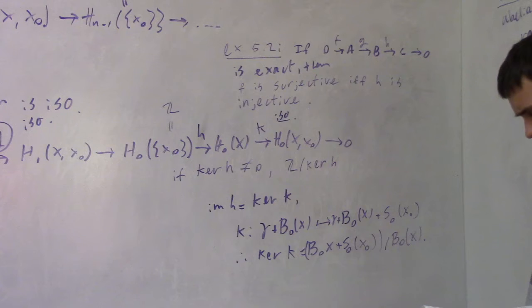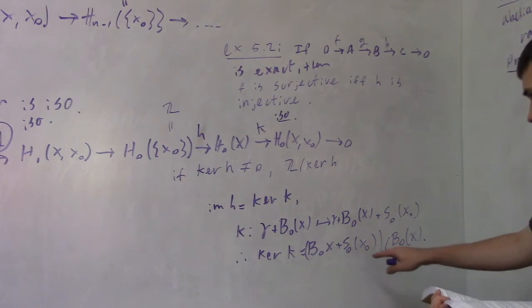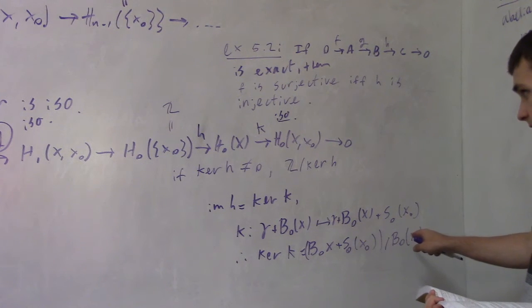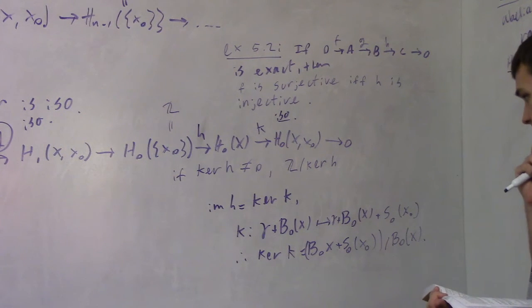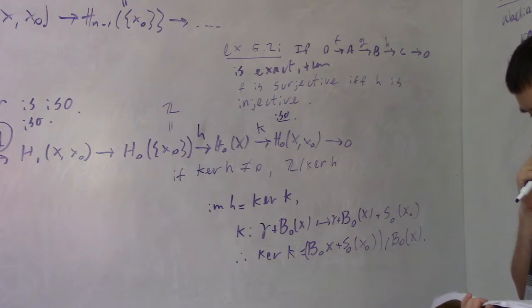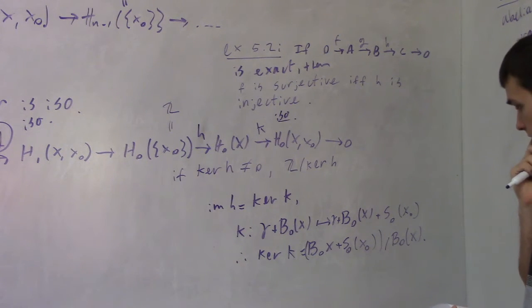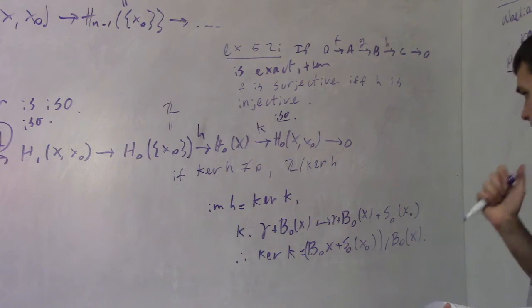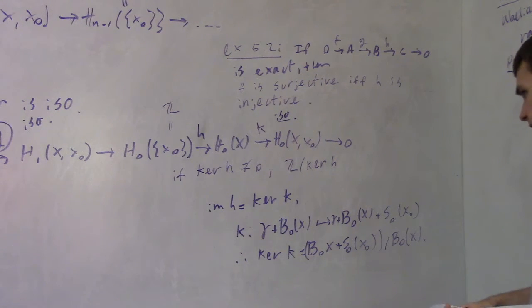If it's in there, that gets absorbed into that set. But why mod b naught x? I don't even see how this is a subgroup of H naught of x. I mean, s naught x naught is a set, right? These are the zeroth chain complexes, right?